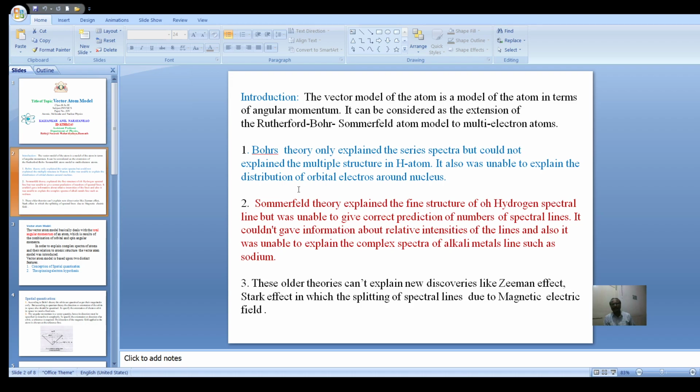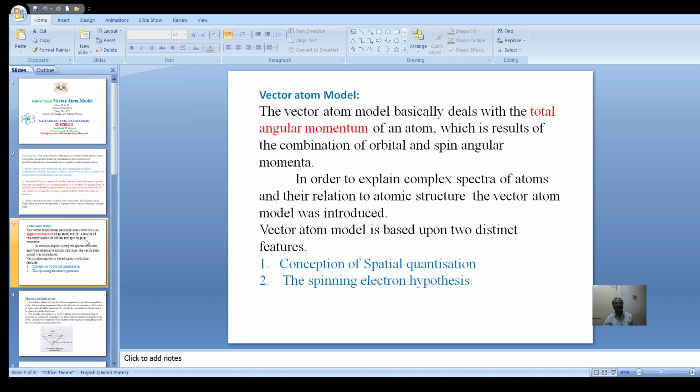Next to Bohr and Sommerfeld, some new theories came, that is the Zeeman effect, which tells us the splitting of light due to magnetic field, and Stark effect, that is the splitting of light due to electric field. But Bohr theory and Sommerfeld theory could not satisfy the Zeeman effect and Stark effect.